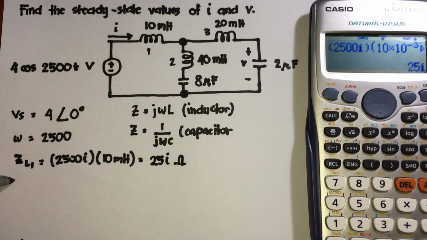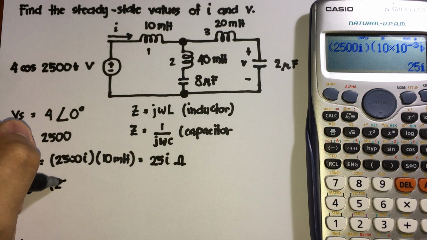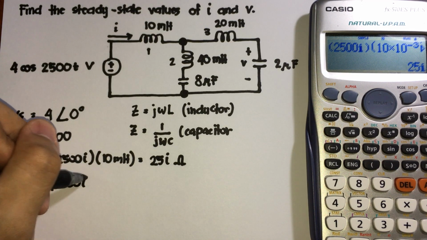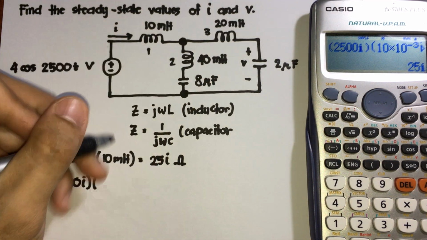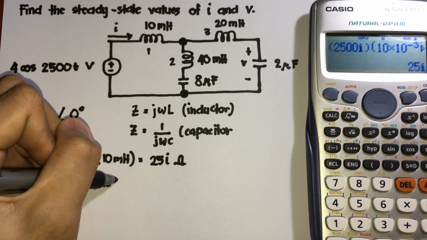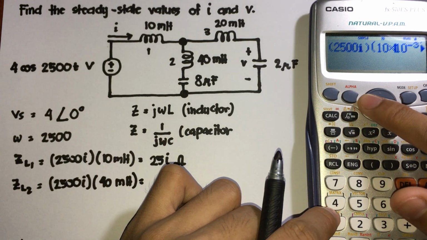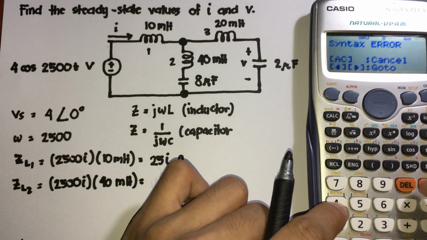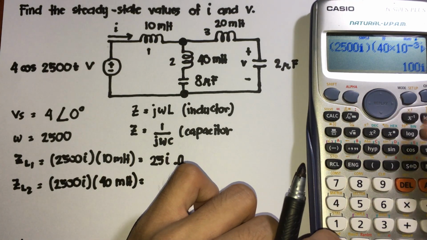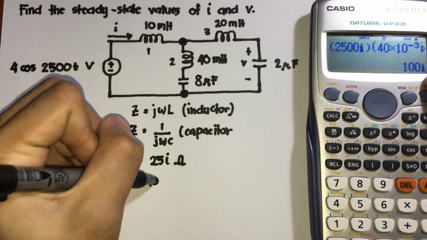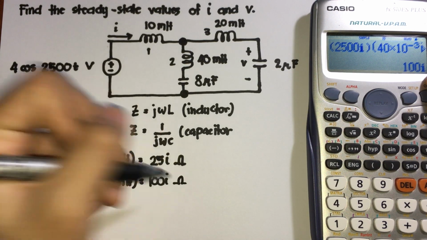For the second inductor, ZL2, we have 2500I times 40 millihenry, so we have 100I ohms.